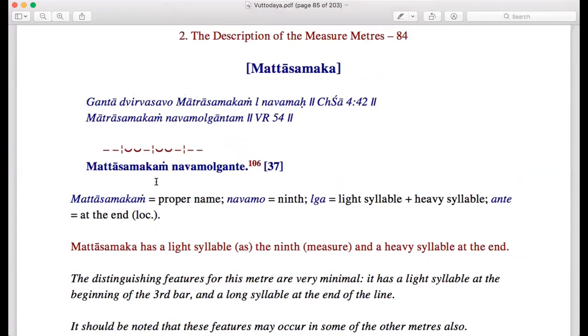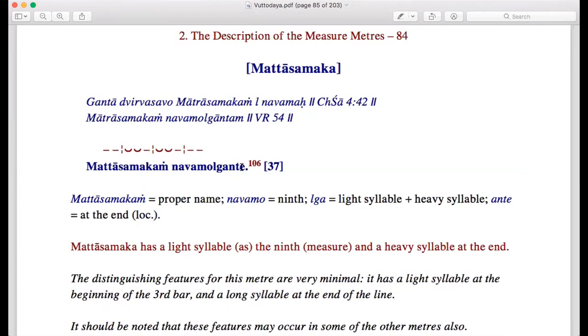Matta Samakang. Matta Samaka is the name of the verse. It is named Matta Samaka when the conditions are Navamol Gante. Navamol means Navamo, the 9th measure. Il means Lahu, right? We use L instead of Lahu. So the 9th measure should be Lahu.